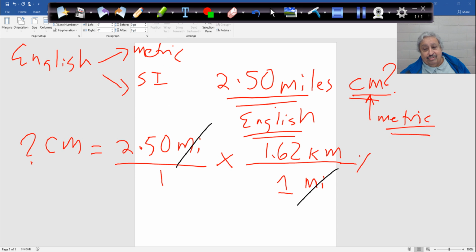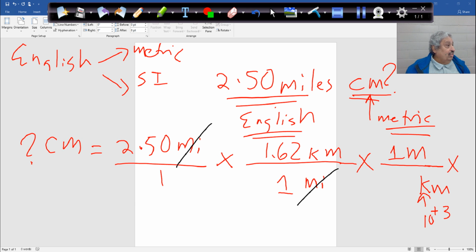Then I have to go to the basic unit of the metric, which is 1 meter, with kilometer at the bottom, correct? K is 10 to the power what? 3, correct? Kilo is power 3. So what should I put in front of it? 10 to the minus 3, the opposite.